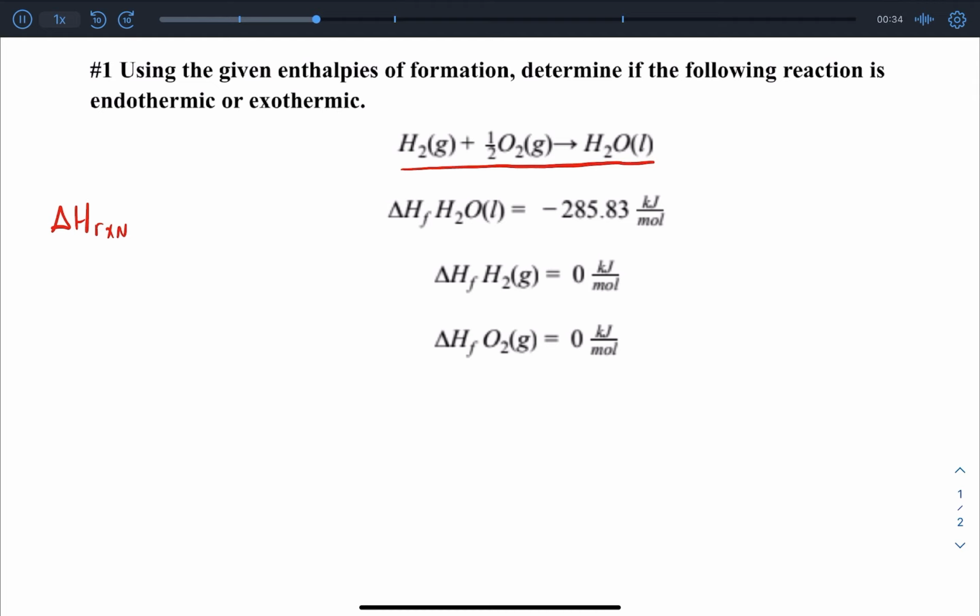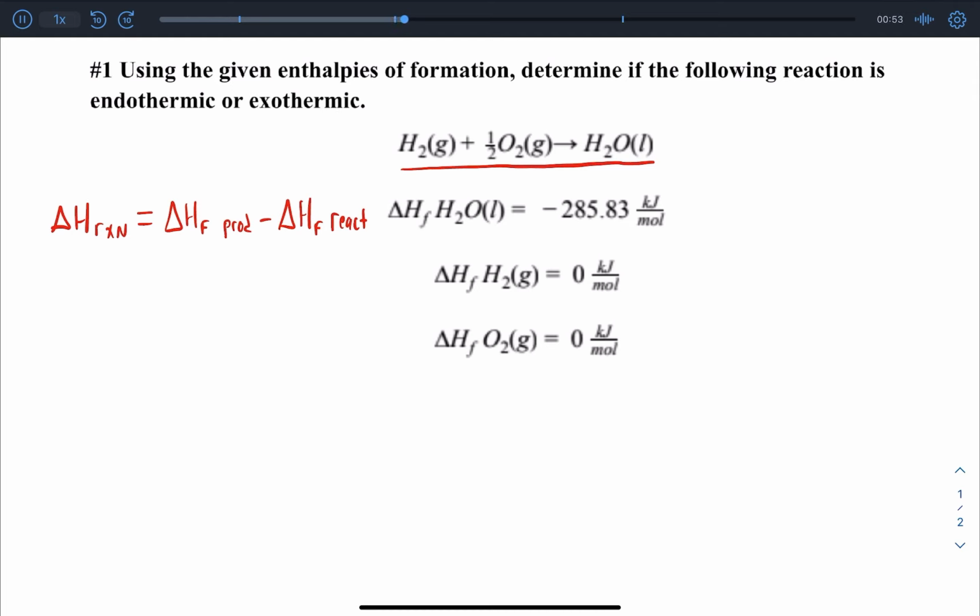And we know that the enthalpy of the reaction is equal to the enthalpy of formation of the products minus the enthalpy of formation of the reactants.